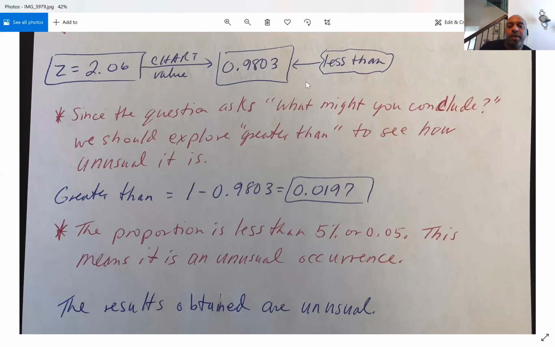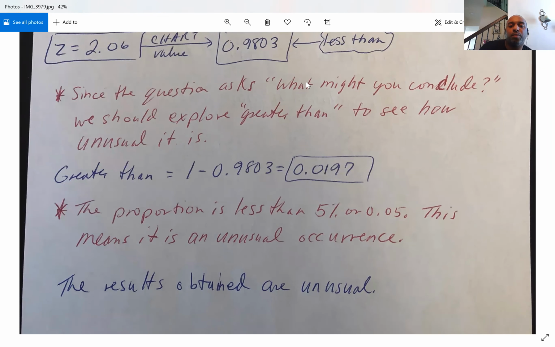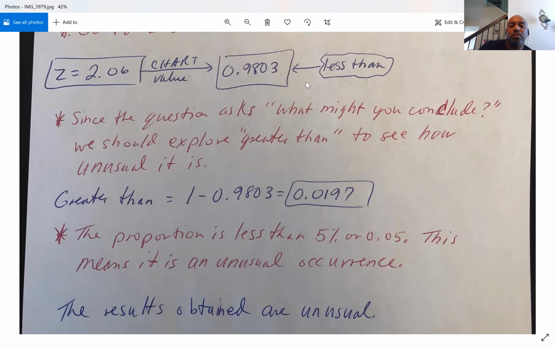All right, can we go to the next page? Finish off the problem. Everybody good?